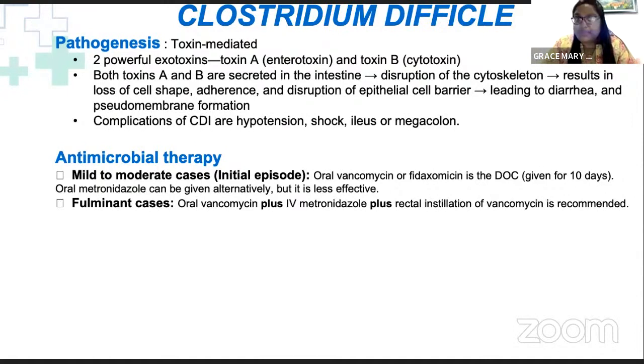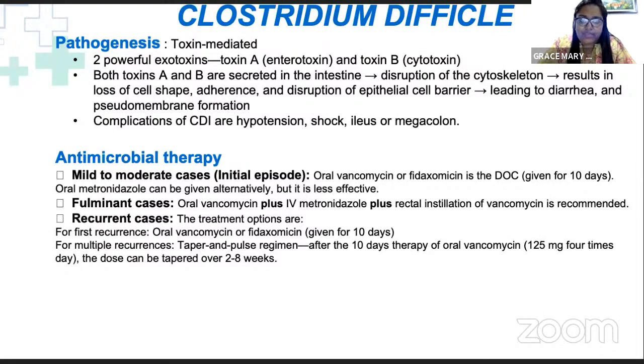These are the things that we have seen being used, and there have been studies comparing vancomycin versus metronidazole for Clostridium difficile infection, and vancomycin is always superior to metronidazole. The RCTs have proven it. And when you have recurrent cases, based on what you have used earlier, there are treatment options. Now, the other thing I would like all the clinical pharmacists listening to look at, whenever you have a Clostridium difficile infection, is the dose.